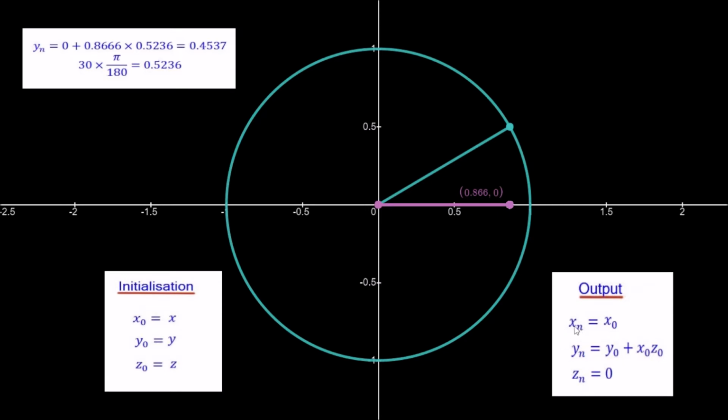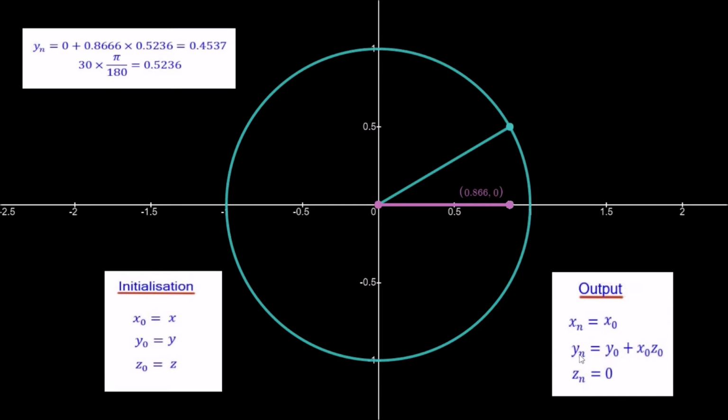The value for our xn will just remain at the value x0, which is just the length here, 0.866. Now the interesting thing here is the value for our yn. So this is going to be some height here. Now the value for yn is going to be given by y0 plus x0 times z0.